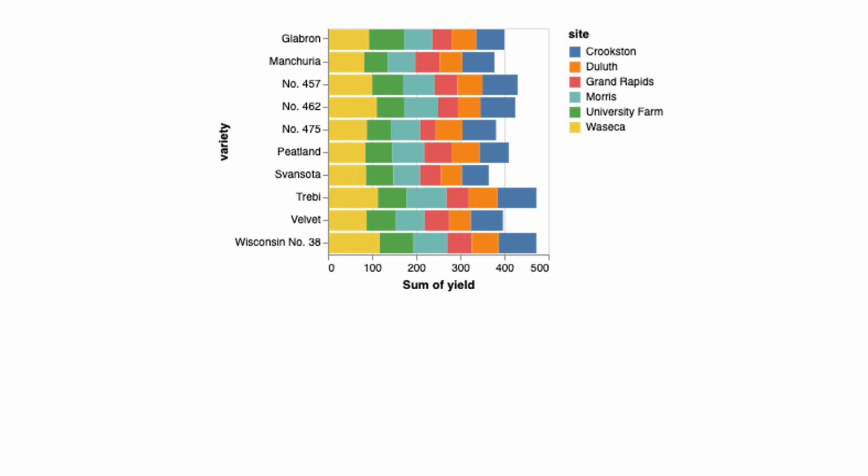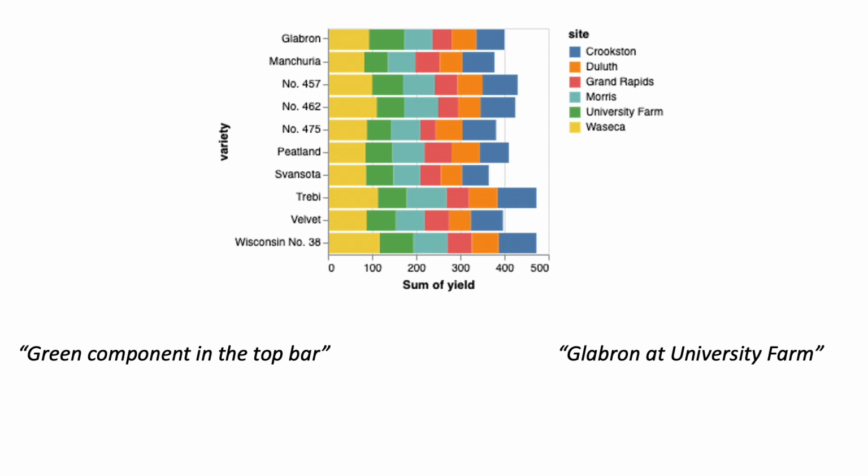Let's look at the stacked bar chart, showing yield of different varieties of barley at various sites. This chart shows the varieties on the y-axis and the yield on the x-axis, and uses colors to encode sites. Notice that it is much easier to locate the green component in the top bar than it is to locate Glabron at University Farm, although they refer to the same thing.